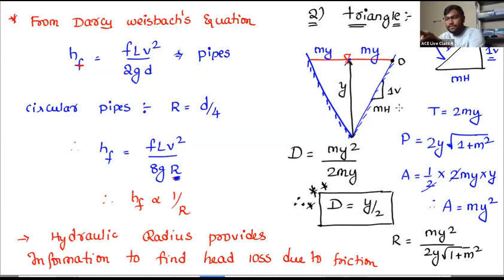That's it. For 3 meters of vertical, how many horizontal would be there? 3m, right? For 5 meters of vertical? Okay, sir, I thought it was m by 2. Understood? Fine, sir.